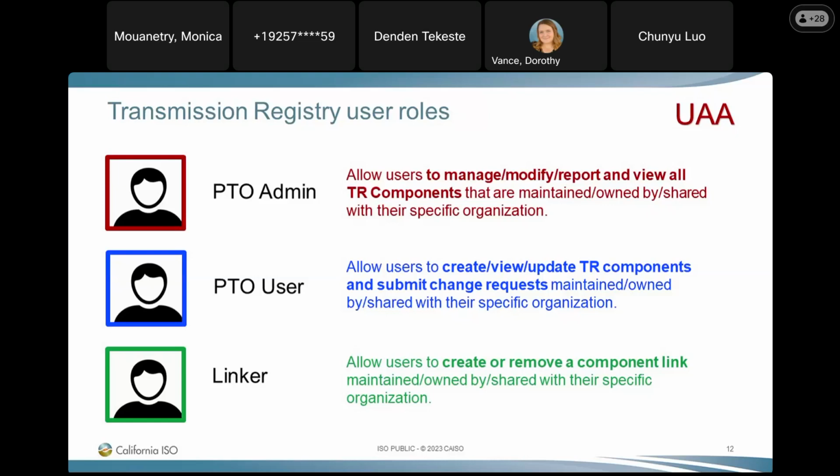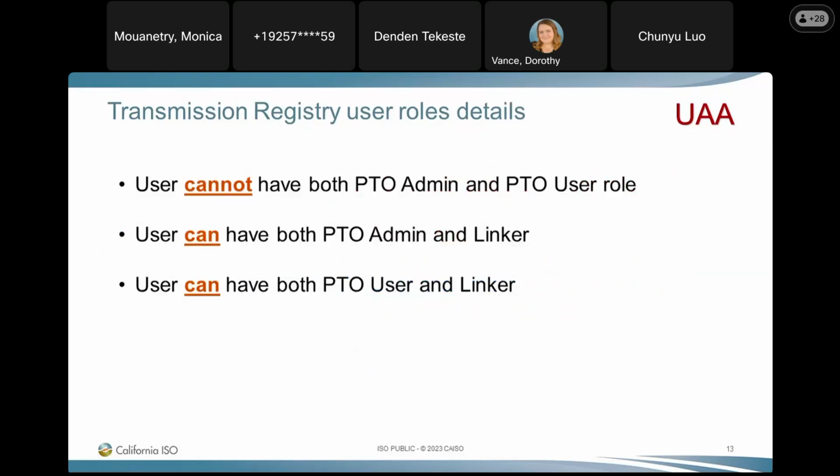Now I do have the next slide that will explain these roles. So for the transmission registry, users cannot be provisioned for both the PTO admin and the PTO user role. They have to have one or the other. It's the UAA's responsibility to make sure that the users are set up with one or the other.